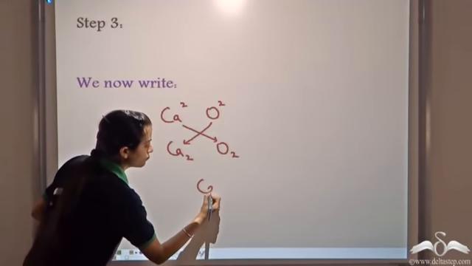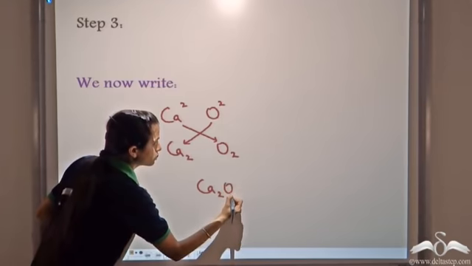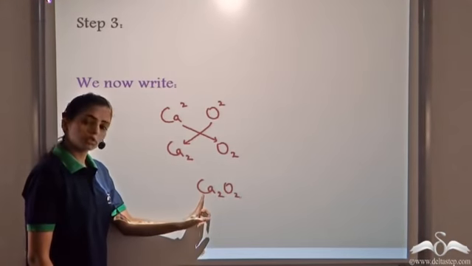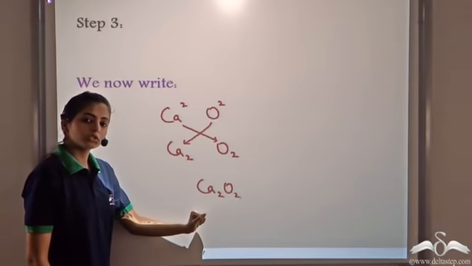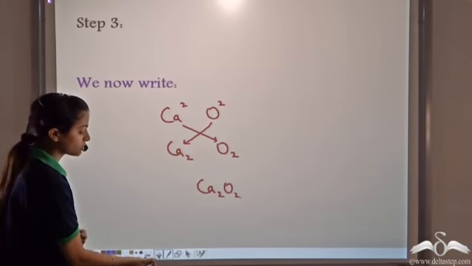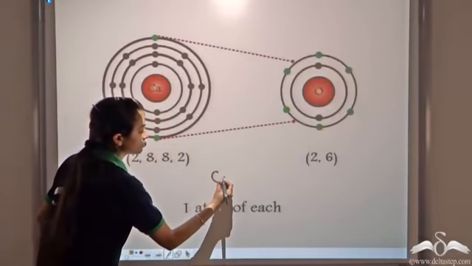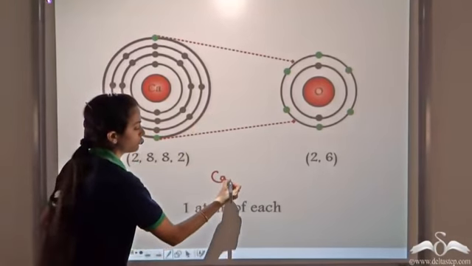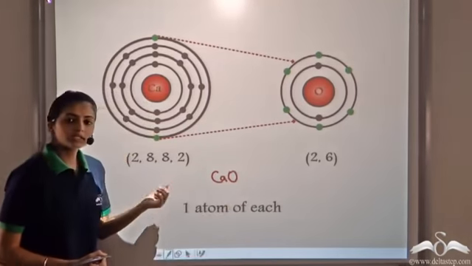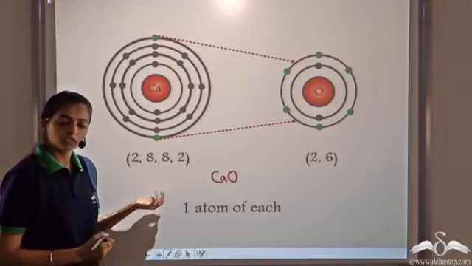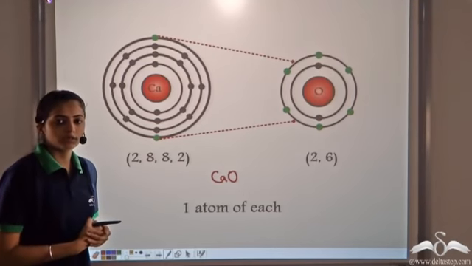So we get the formula which is Ca2O2. Now this shows there are 2 atoms of calcium and 2 atoms of oxygen. But when we wrote the atomic structure, we saw that there was only 1 atom of calcium and 1 atom of oxygen. So does this mean that the formula Ca2O2, which we right now got, is wrong?